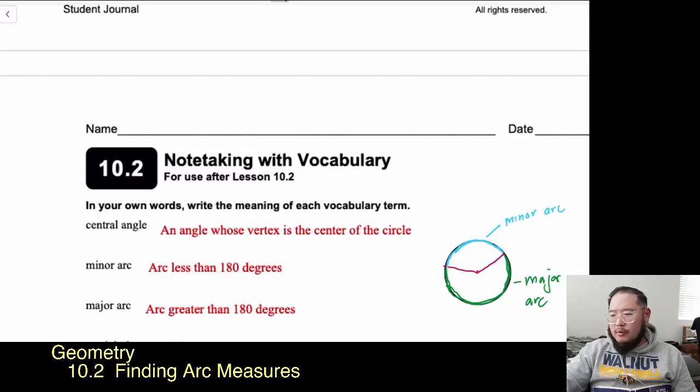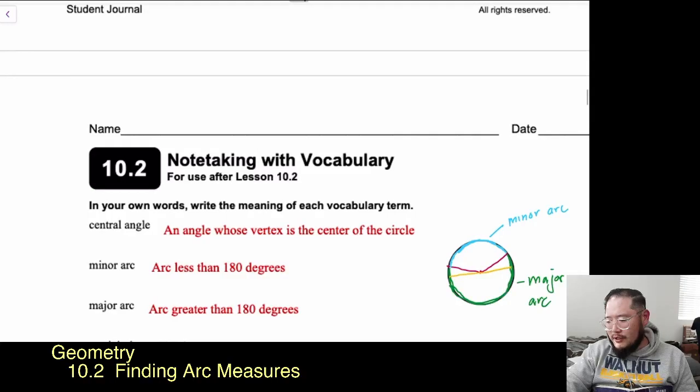Then, circling back to what I mentioned before, we have a semicircle. If I draw a segment that goes through the center, like that right there in gold, that will be half of the circle, and that will be your semicircle, and that would be 180 degrees.